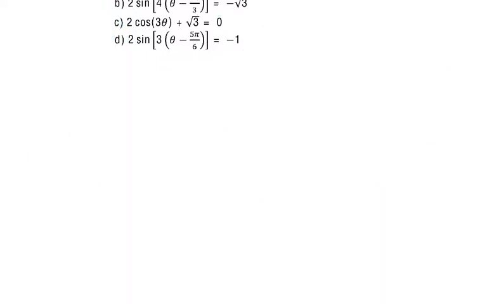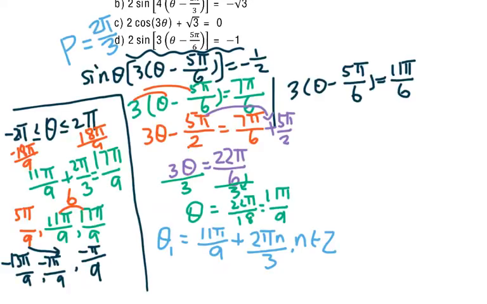For D, I don't have any time to figure this out. I just give you answers. If you have any questions, you can come to tutorial. Okay, the answer for D, theta 1, the general formula will be 11 pi over 9 plus 2 pi times n over 3. N is integers. Then I list them up.